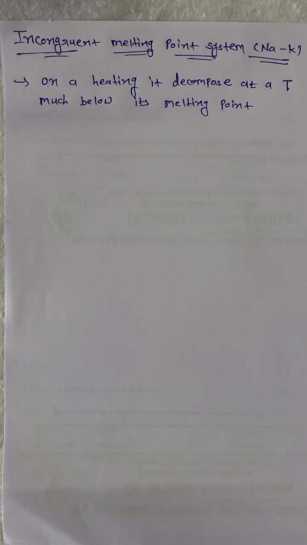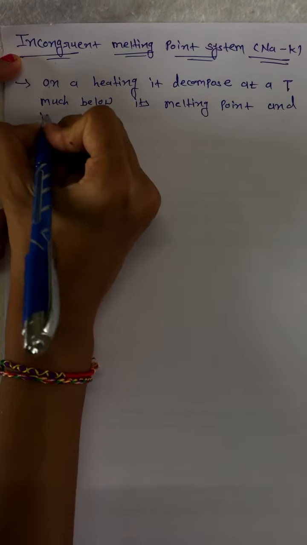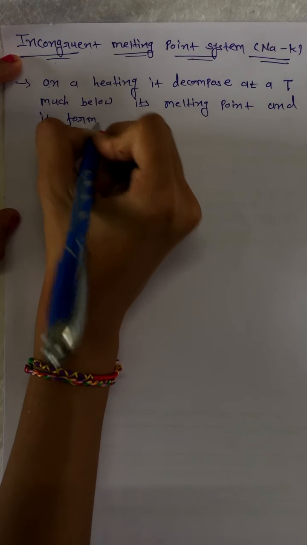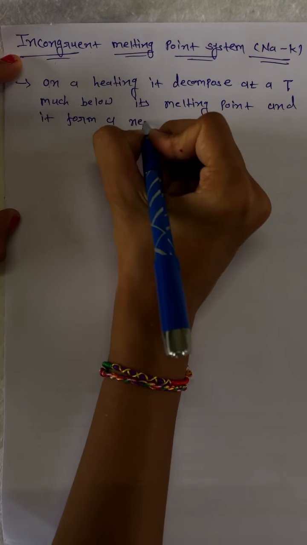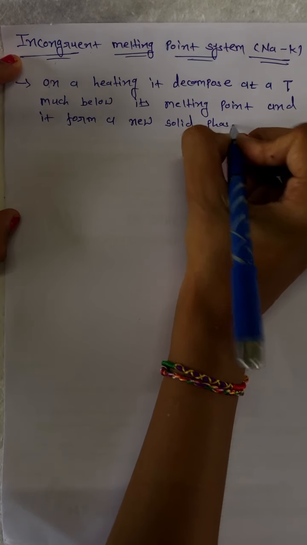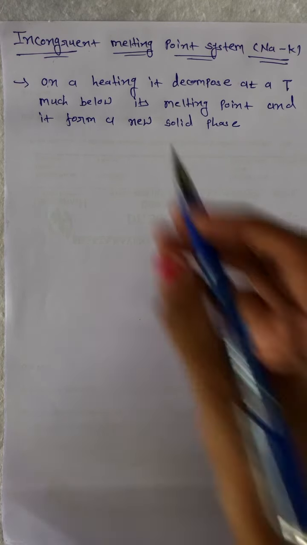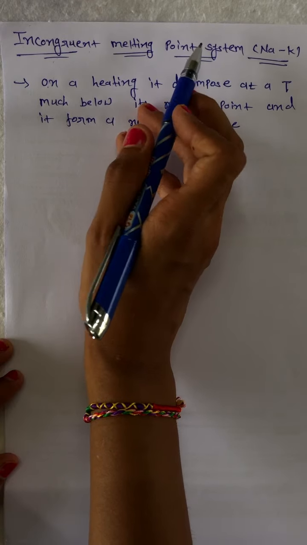So this is called an incongruent melting point, and it forms a new solid phase, and the liquid state has a different composition from that of the original solid state, right? And since the composition is different, that is called an incongruent melting point, right?